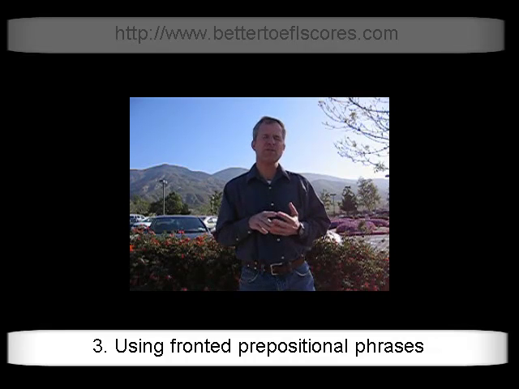And finally, using prepositional phrases of location at the beginning of the sentence and then using the verb and then the subject after that. The purpose of this video is to demonstrate those three different things, to show you how to use them in your sentences when you're either writing or speaking on the TOEFL iBT.